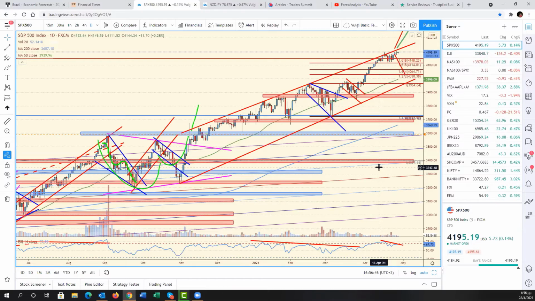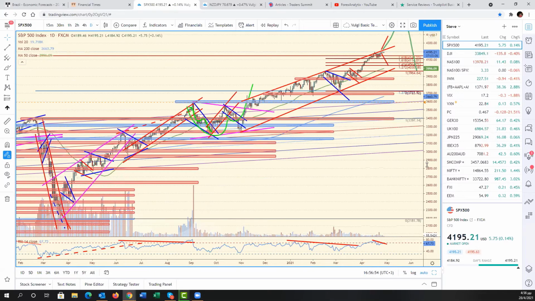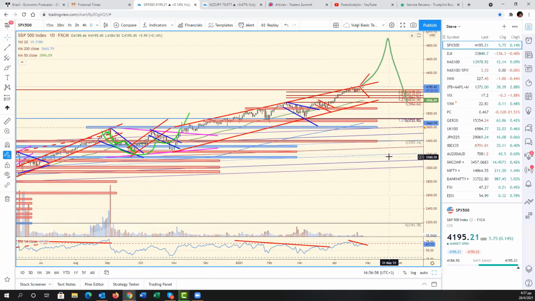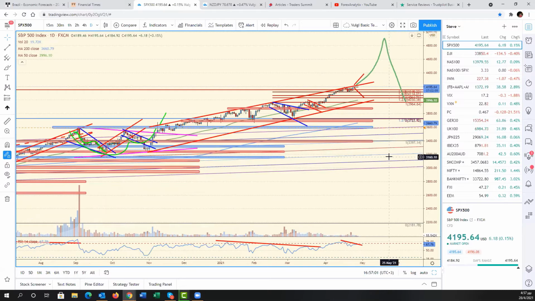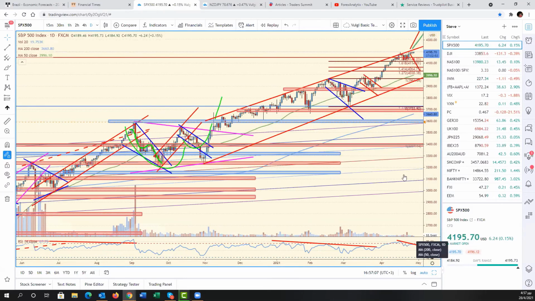As I've said many times, though, personally, the more this situation keeps unfolding, the higher the risks I see for a melt up type of move out of this wedge before we see a deep correction. So personally, I wouldn't be trying to fade.